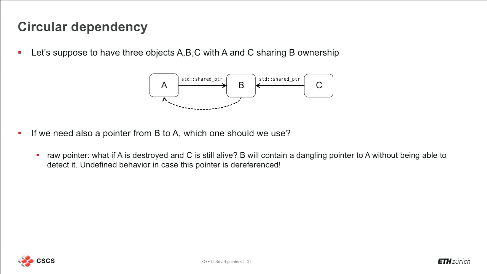We will have a raw pointer that is pointing to the destroyed memory allocation, but the problem is that with a raw pointer you are not able to say if this pointer is still valid or not, because it will still contain the originally pointed memory allocation, the address of the pointed object. But the object is no longer here. And you're not able to say if the pointer is dangling or not, because you can just see the value of the pointer, which is the memory address. And of course, if you try to access this object, which is no longer here, using the raw pointer, you will have undefined behavior from your code.